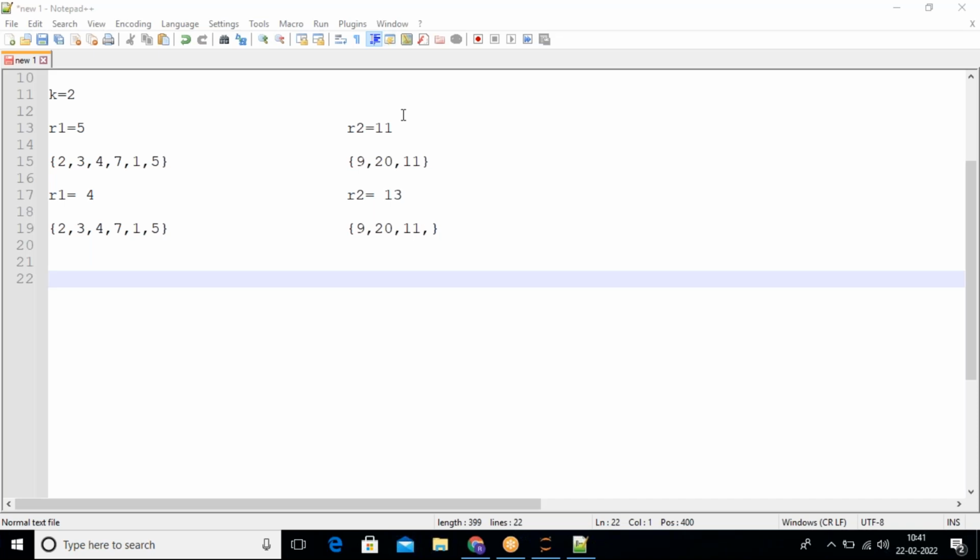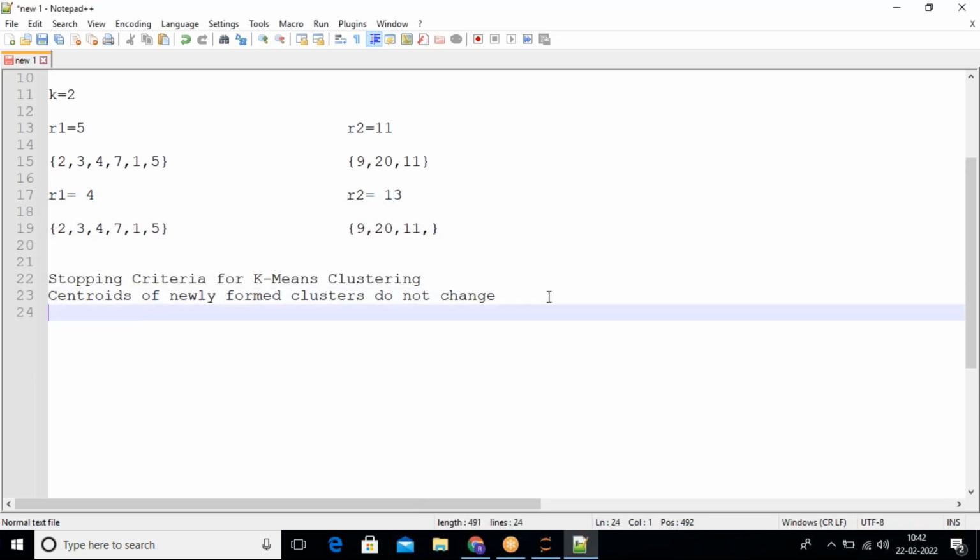What is the stopping criteria for k-means clustering? The stopping criteria is that if the centroid of a newly formed cluster does not change, then we stop, as happened in our case.